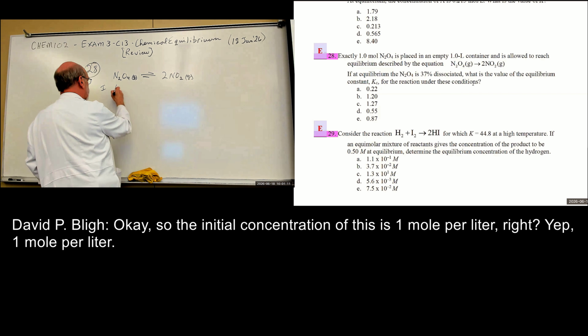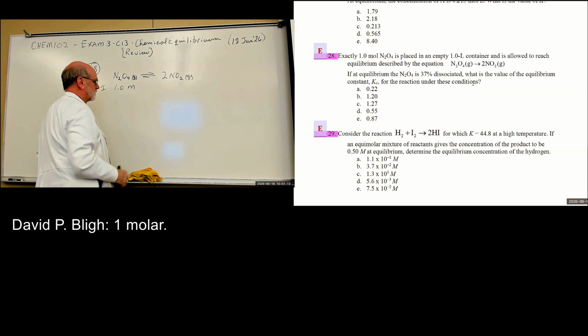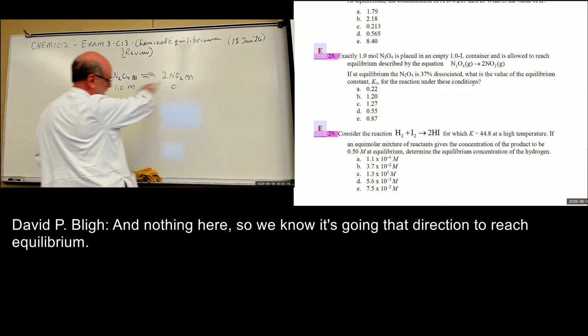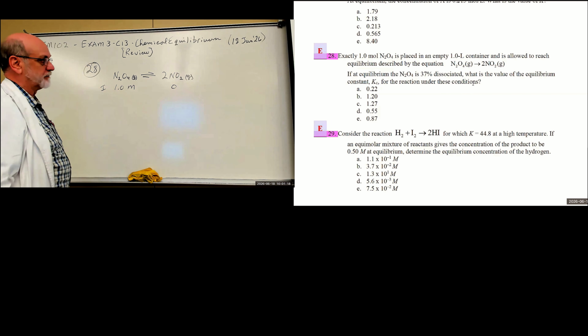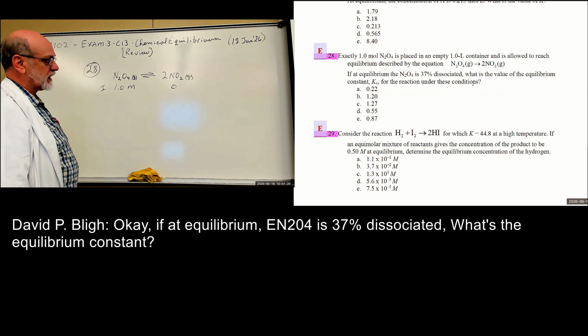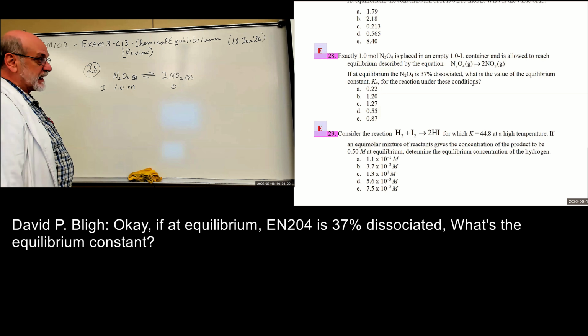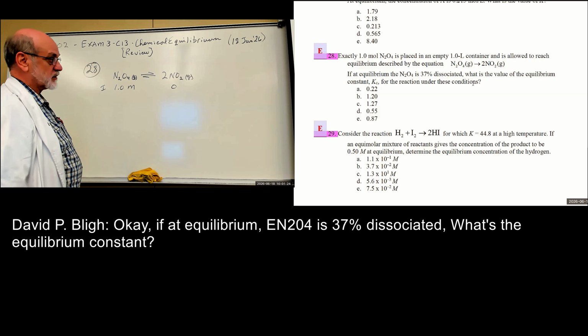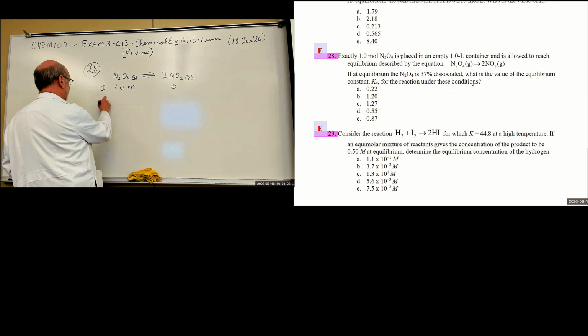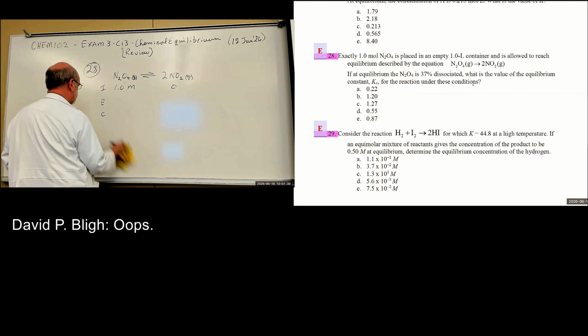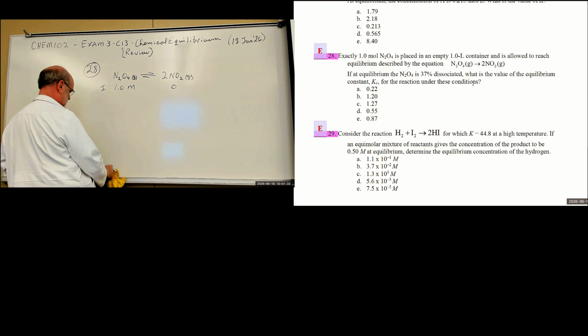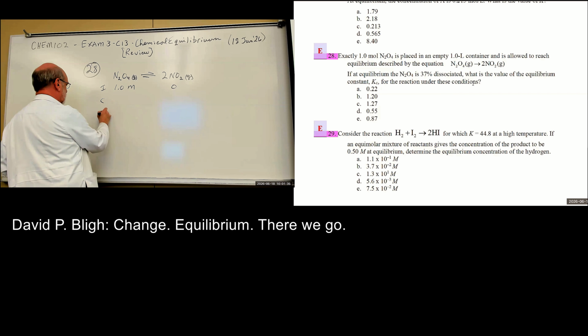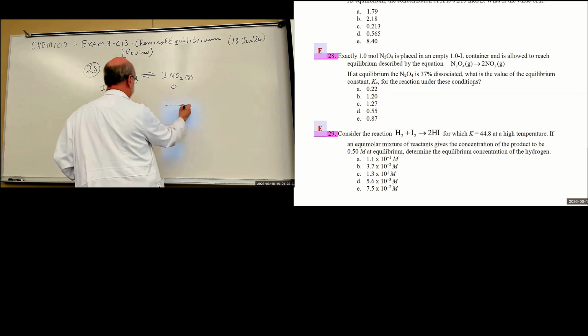Yep, 1 mole per liter. 1 molar. And nothing here. So we know it's going that direction to reach equilibrium. Okay, if at equilibrium, N2O4 is 37% dissociated, what's the equilibrium constant?